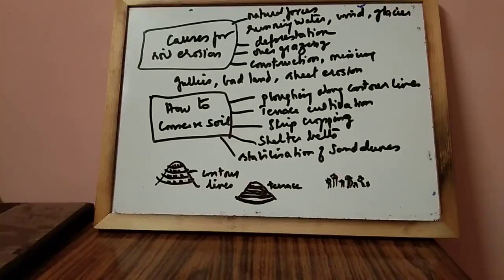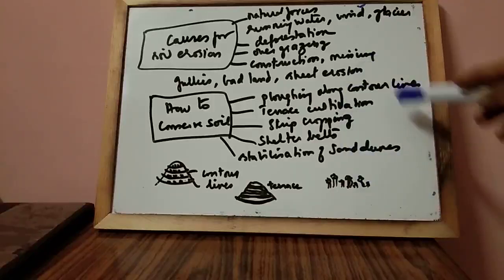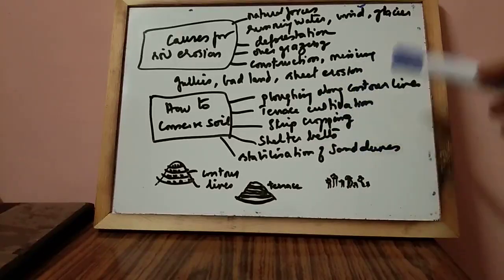These shelter belts have contributed significantly to the stabilization of sand dunes and to stabilizing the desert in western India. So these are all the modern ways to prevent soil from getting eroded.